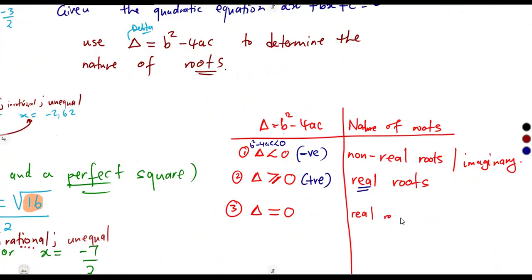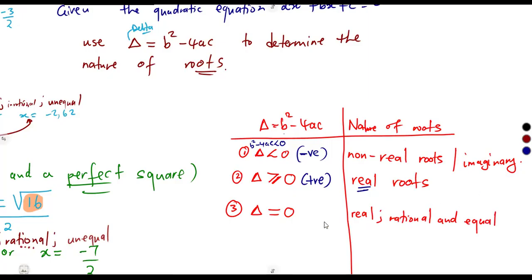We're talking about the real roots. The first thing, they are real because it is equal to 0. What is the next thing? We saw that they are equal. Those roots that we are talking about are also rational. So we can say rational and equal. Guys, let me just put it as a statement. So we're going to have real, rational, and equal.